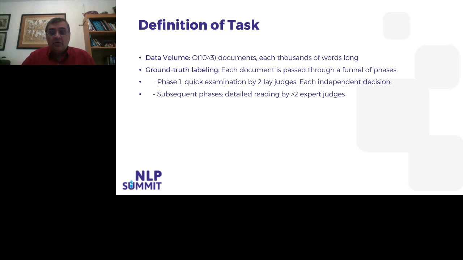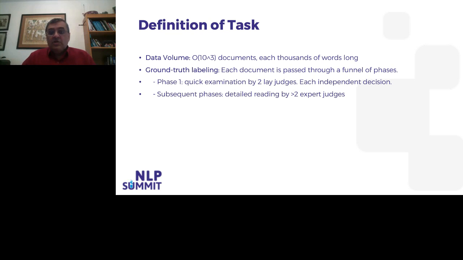So they had all of these documents, and they had created a funnel structure of phases. In the first phase of the funnel, all the documents were poured into the funnel, and each document was examined by 2 lay judges. Not the same 2, but a different 2 for each document.